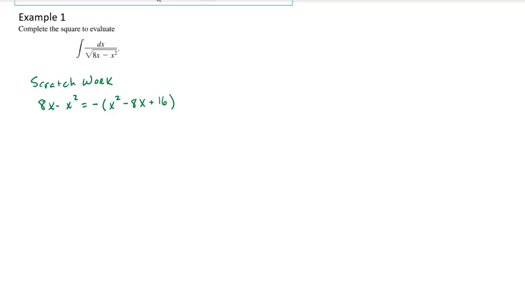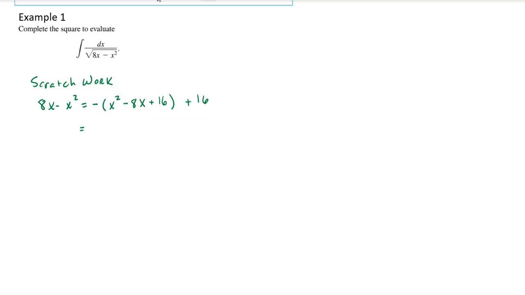But what I added here was not just a 16. This negative gets distributed back through, so that would be a -16, and to counteract adding a -16 here, I'm going to add a +16 so that this side of the equation is mathematically equivalent to this side. And if I were to distribute that negative and combine like terms, I would end up with what's on the left-hand side.